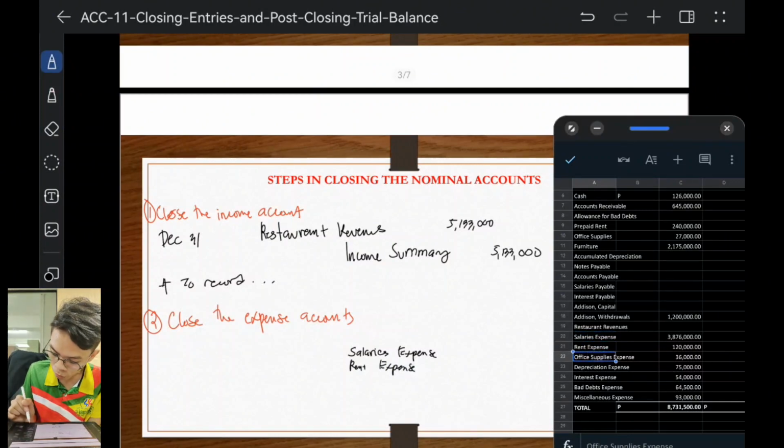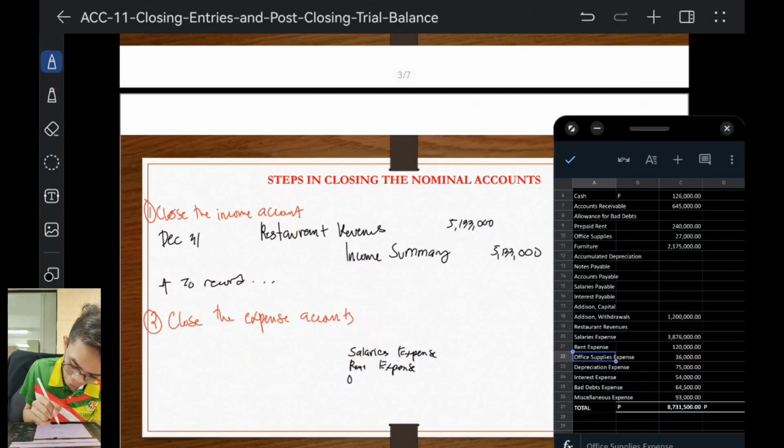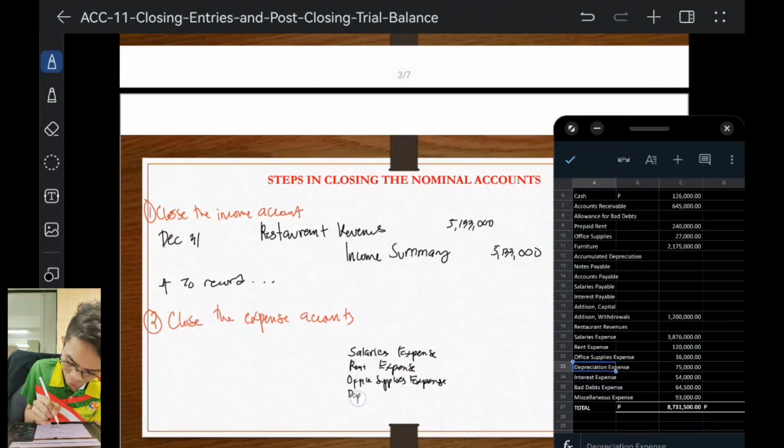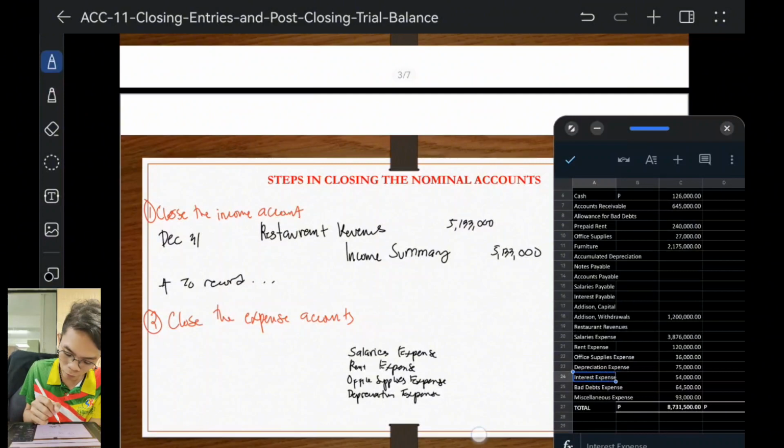Another credit to office supplies expense. So, office supplies expense. And then we have depreciation expense. And then we have interest expense.